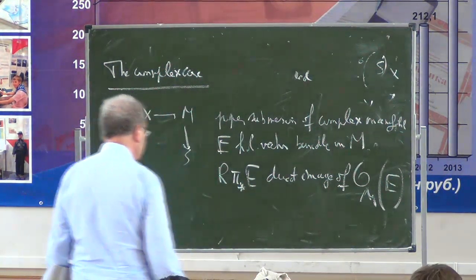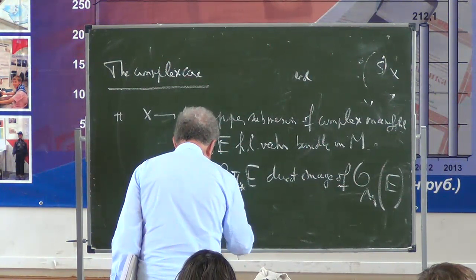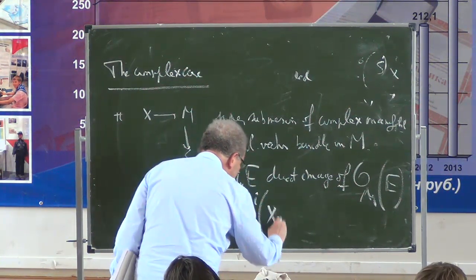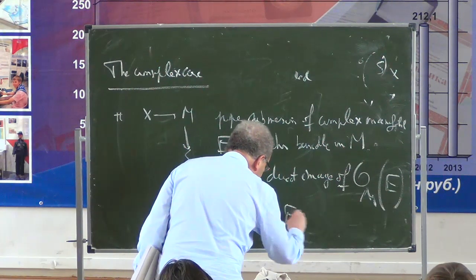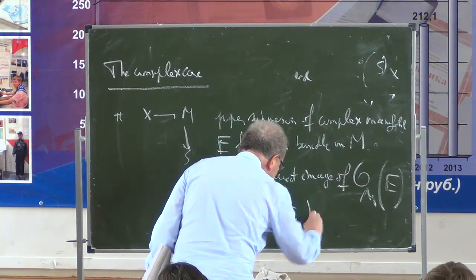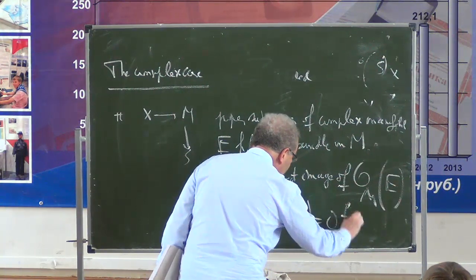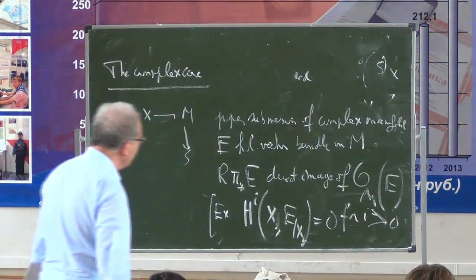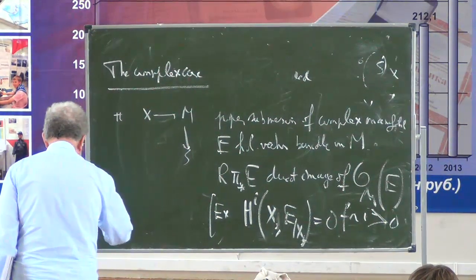An example is the case where the higher cohomology of XS with coefficients in E restricted to XS is equal to 0 for degree bigger than 0. So in this case, R pi star of E is just H0.